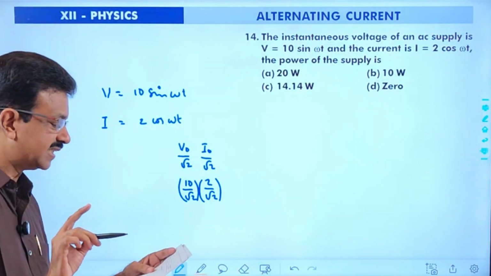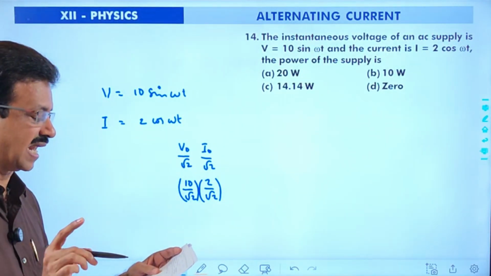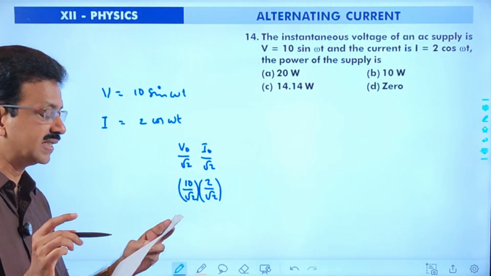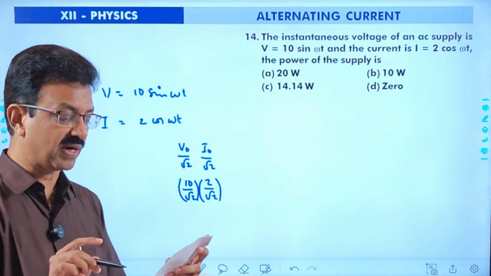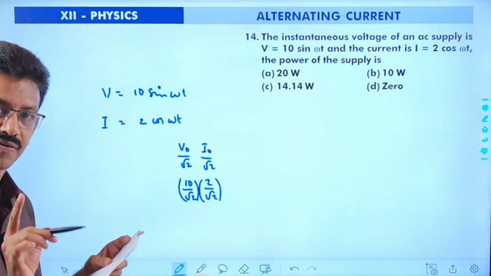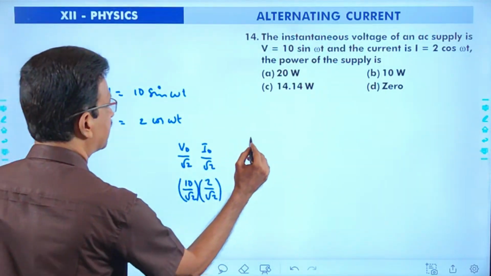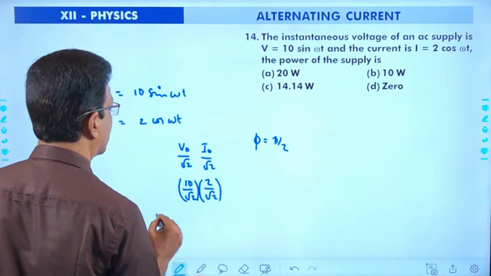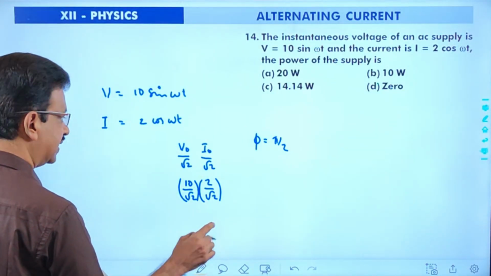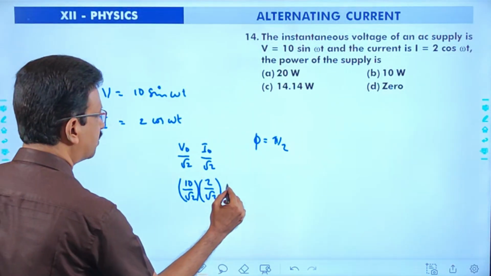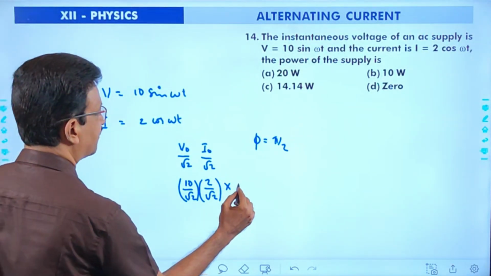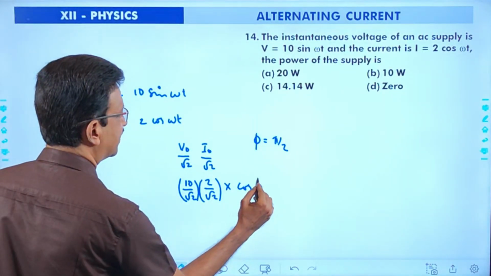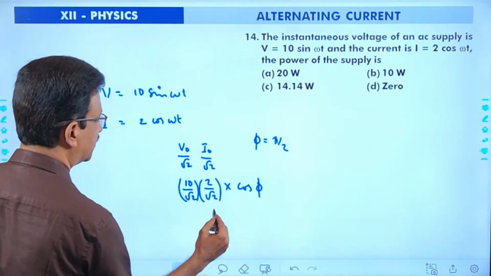Here, the instantaneous voltage and the instantaneous current are given. But the second one is a cos function. First one is a sine function. Therefore, the phase difference between the voltage and current is pi by 2. Now, to get the actual power, the apparent power is to be multiplied by a correction factor cos phi. Here the value of phi is pi by 2.